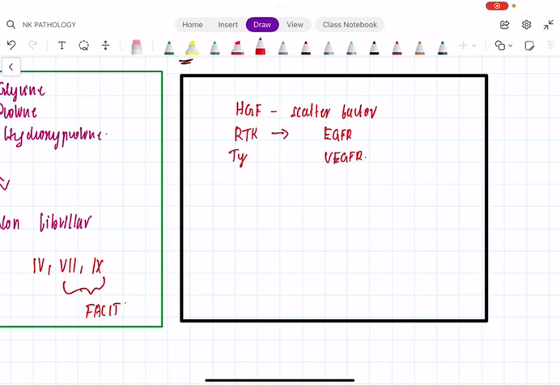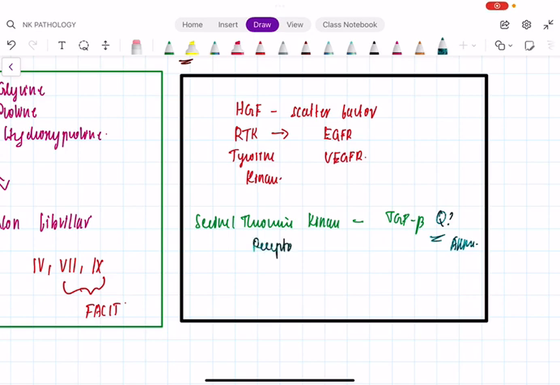They are tyrosine kinases. Then we have serine or threonine kinase receptor. Example TGF beta. This has been a question in AIIMS. Then guanylyl cyclase, with nitric oxide and ANP, atrial natriuretic peptide.